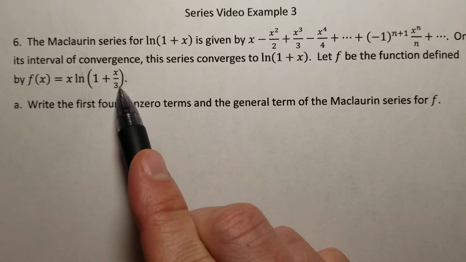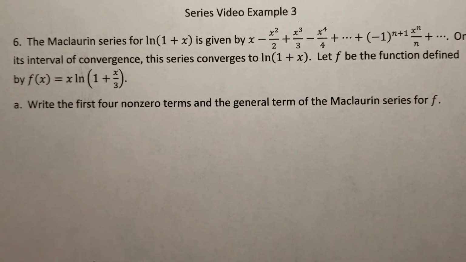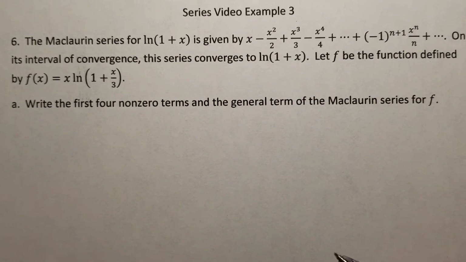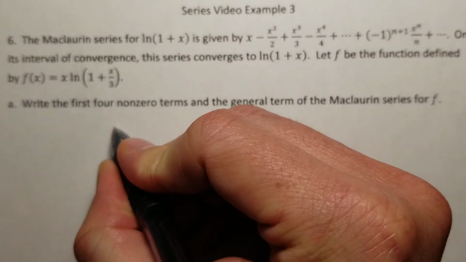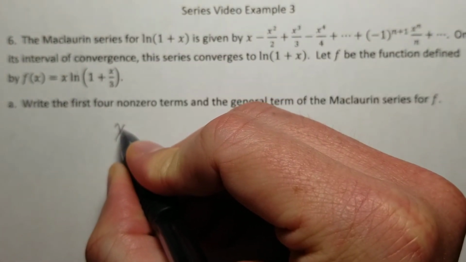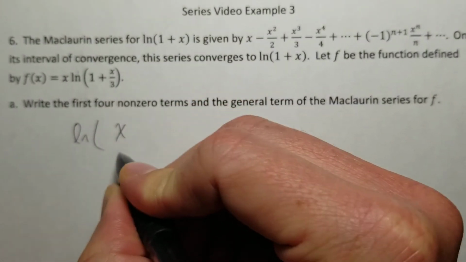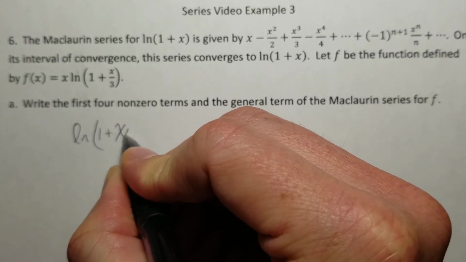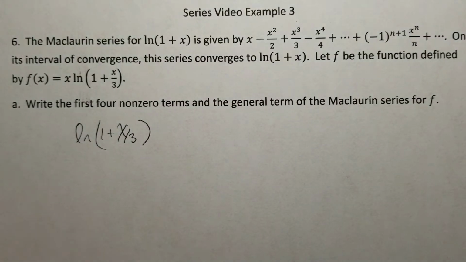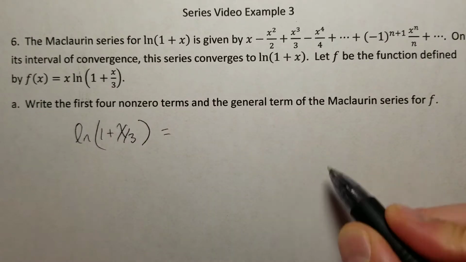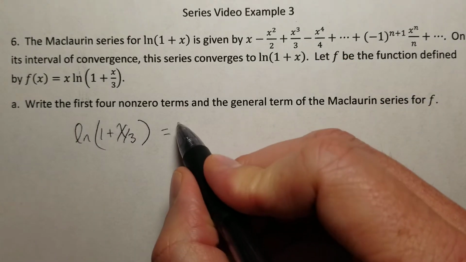I'm going to go ahead and take x over 3 and substitute it in here first. So I'm not going to be able to label my series f quite yet. I'm just going to call it natural log of 1 plus x over 3. And I'll substitute in my x over 3 for my terms for x.